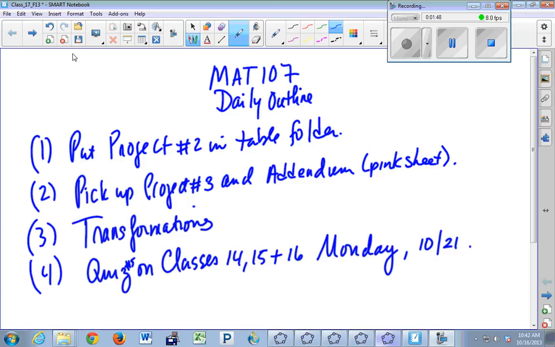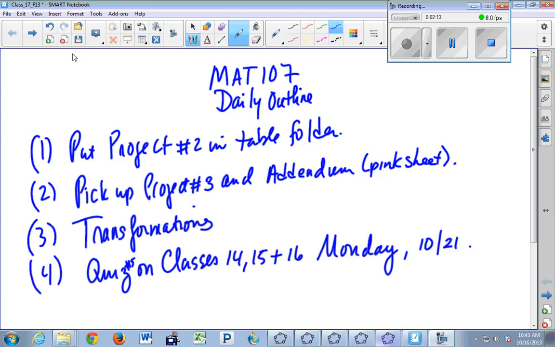Okay, so if you take out your pink sheet for a minute. In your project number 3, it refers to something called parent functions. Parent functions is just another name for common functions.